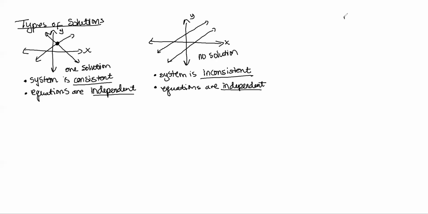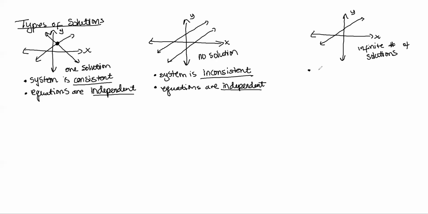But if we have this last case here with our XY plane, where we graphed it and we ended up with the same line, we had an infinite number of solutions, or infinitely many. As long as you have the word infinite in there, we know there's an infinite number of solutions.